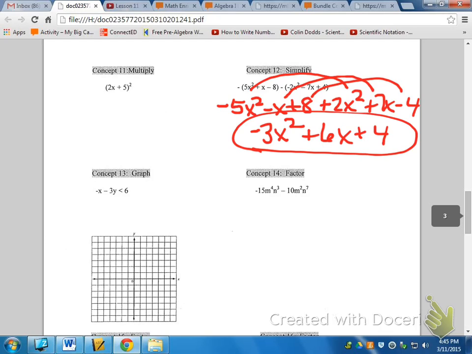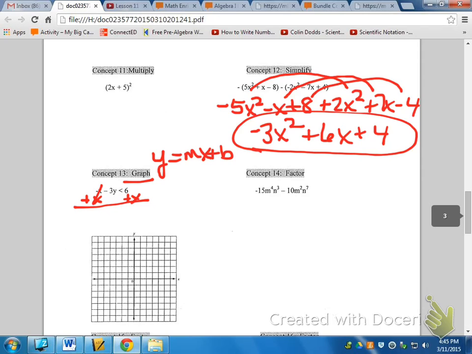Okay, Concept 13. Negative x minus 3y is less than 6, and it says to graph. I first must put this in the form of y equals mx plus b to get this done, even though I know it's an inequality and I won't put an equal sign there. So I am going to add x to both sides.